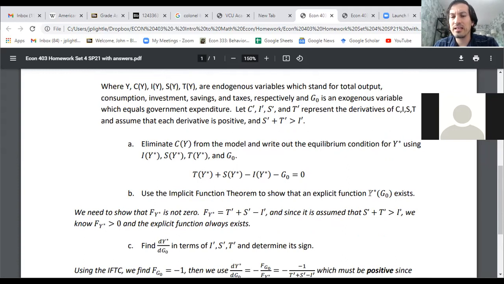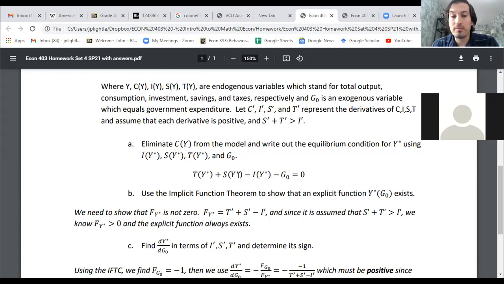They started to calculate dy/dg0 here, and that's actually not what's being asked. Just to show that the explicit function exists, you have to use the implicit function, the one from part A. You have an implicit function of y and g0, because y star and g0 both exist in this implicit function.